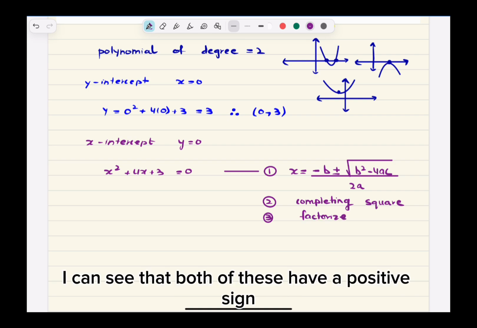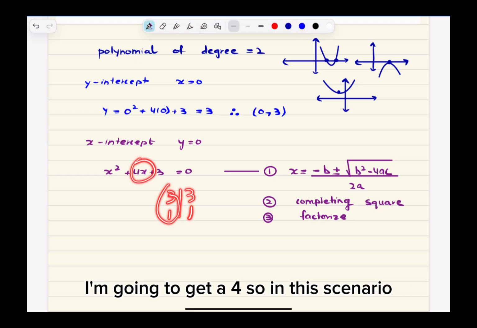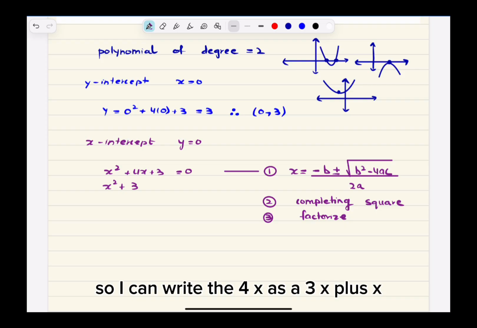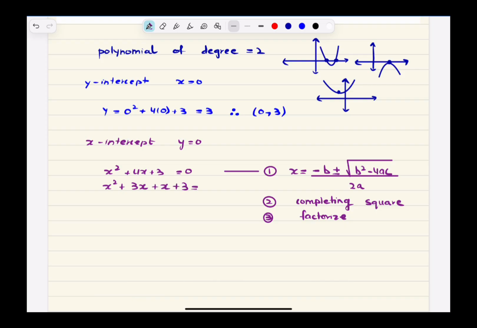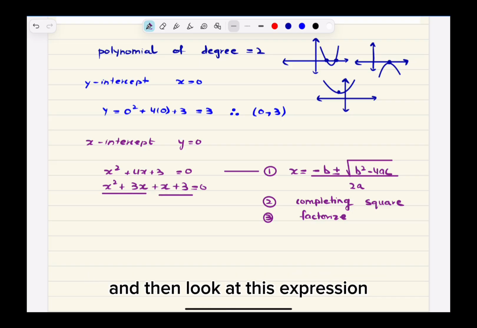In this scenario, I can see that both of these have a positive sign, and I know that 3 times 1 is 3, and if I add 3 and 1, I'm going to get 4. So it's quite easy to just factorize. I can write the 4x as 3x plus x, and then look at this expression and then this expression.